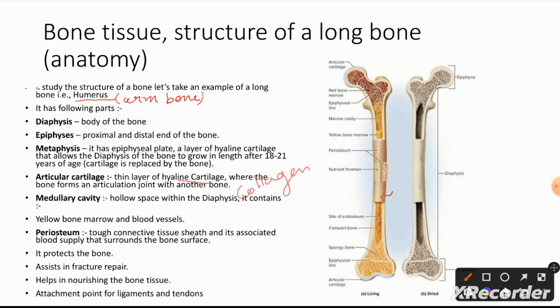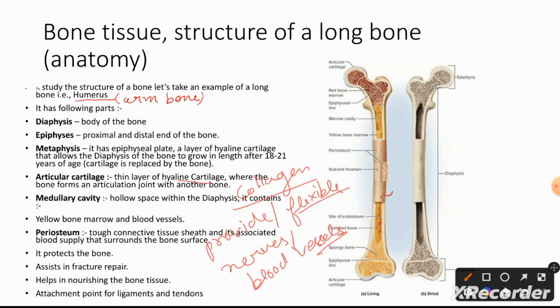Collagen is a fiber that provides elasticity and flexibility to the bone tissue. It contains nerves and blood vessels to supply different nutrients, and nerves to control it in a voluntary mechanism.